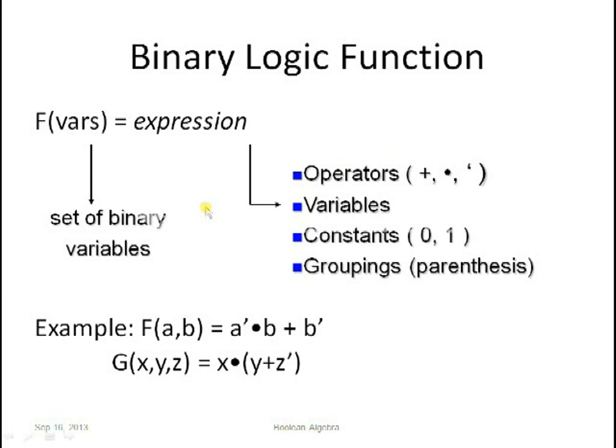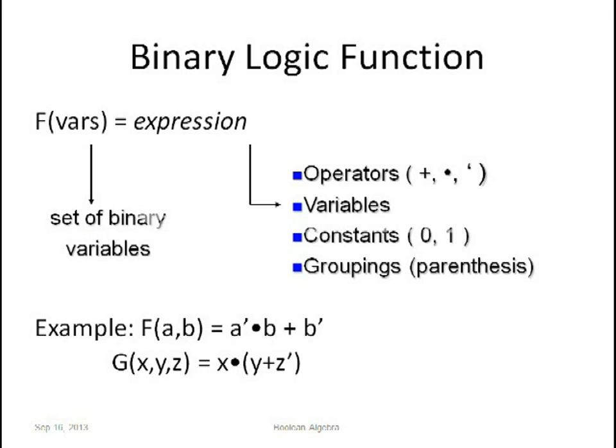Now, what is a function? A function is used for representing the relationship between the input and output. So, it is a binary function where the input contains binary variables and the output expression also involves binary variables. If you can see here, f of variables equals expression, where variables are the binary variables which can hold only two elements, either 0 or 1.